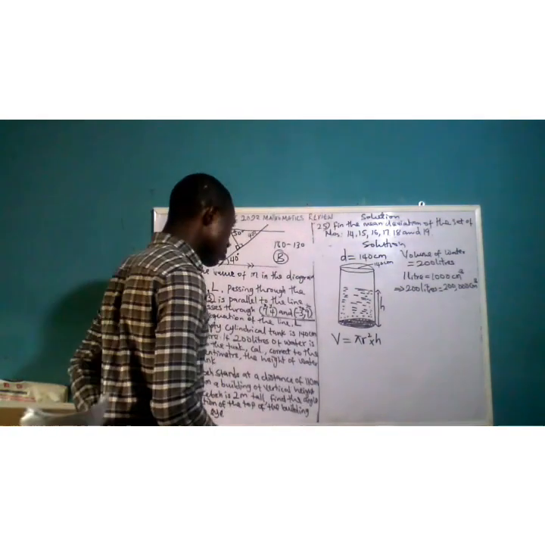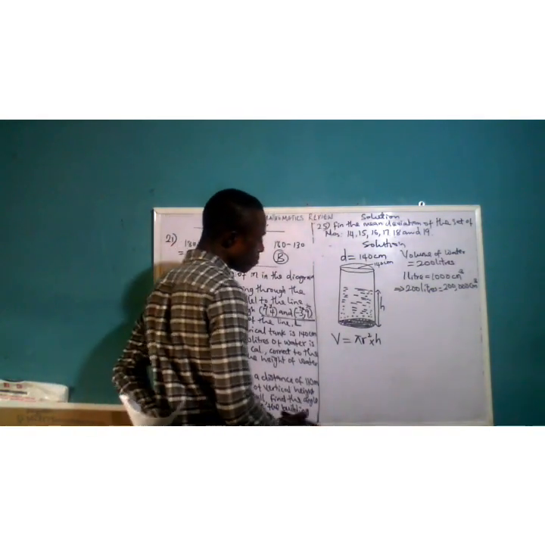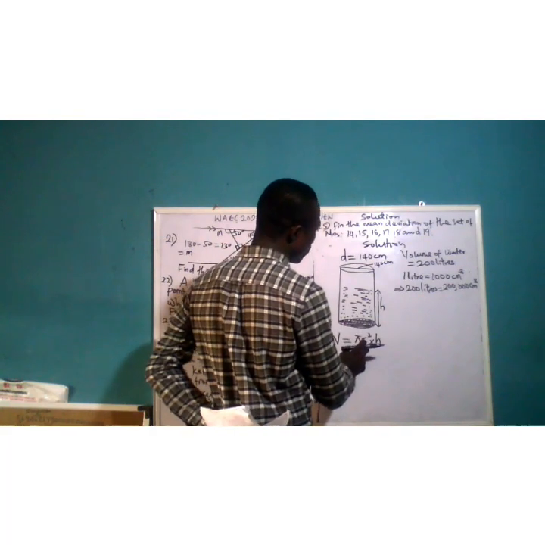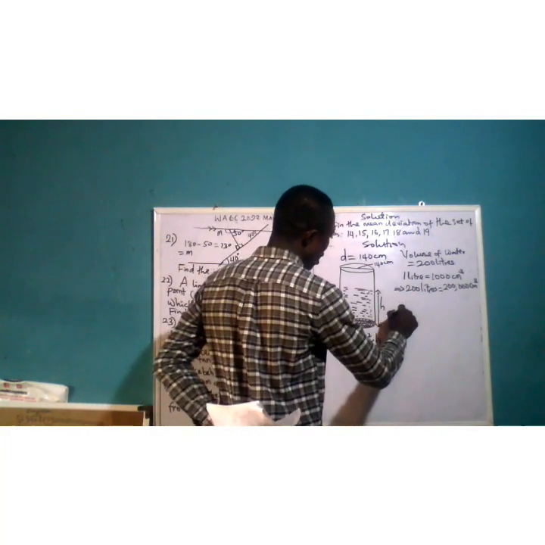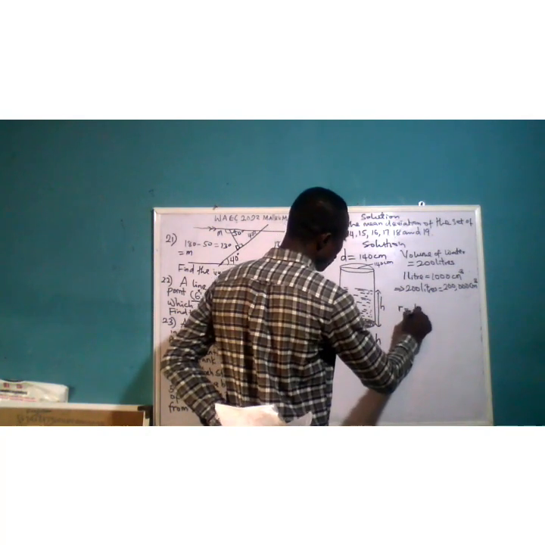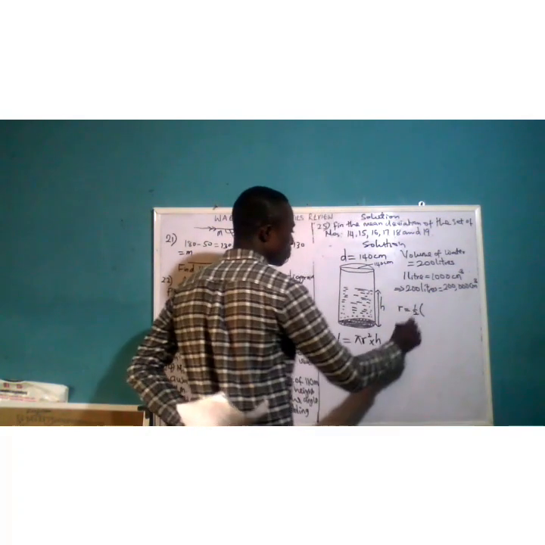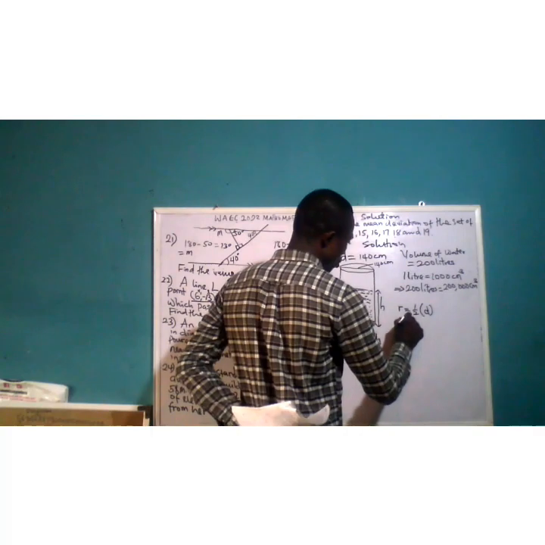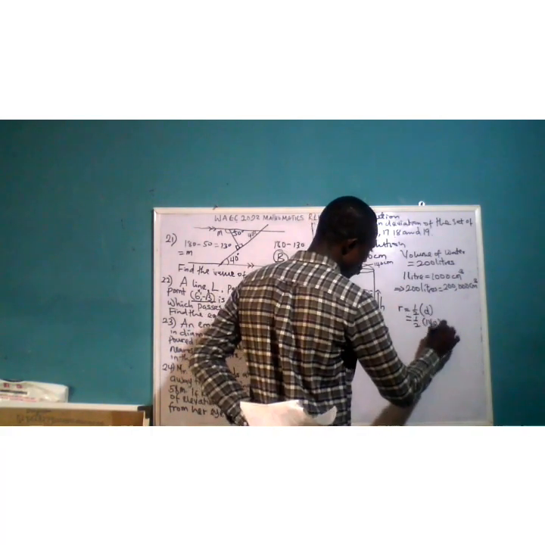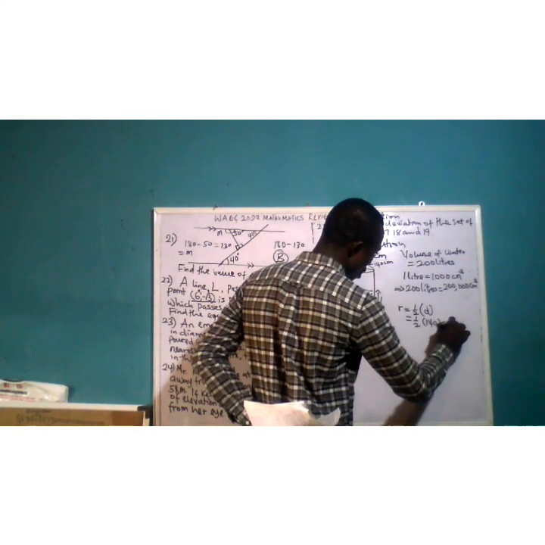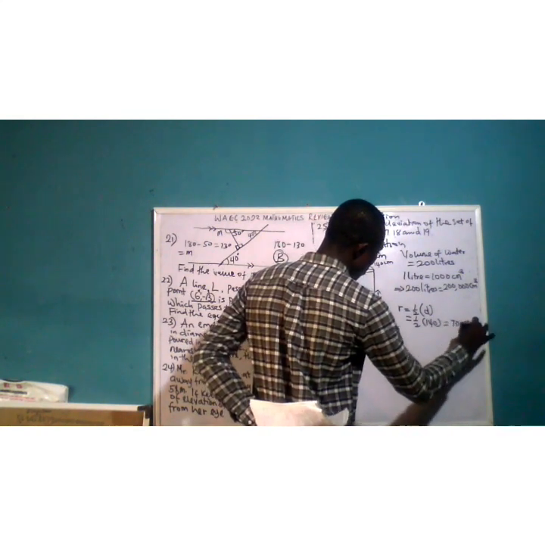We are given V, and we are given r by the reason of giving us diameter, because r is equal to half the diameter. So that is half of 140, which is equal to 70 centimeter.